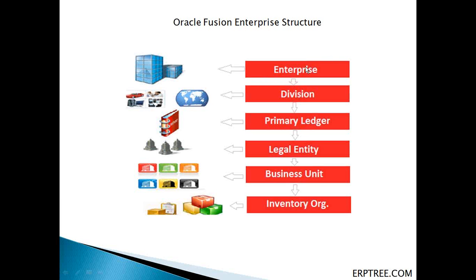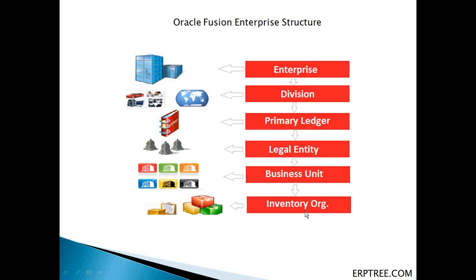So see, in EBS we'll have a business group. Similar to that, here we have enterprise, and under business group we'll have a primary ledger. Here also we have a primary ledger, but one more step we have here, that is a division. From here the rest remains the same as EBS. Under primary ledgers we'll have a legal entity in EBS, here also the same. Under legal entity we'll have an operating unit in EBS; here the same is renamed to business unit.